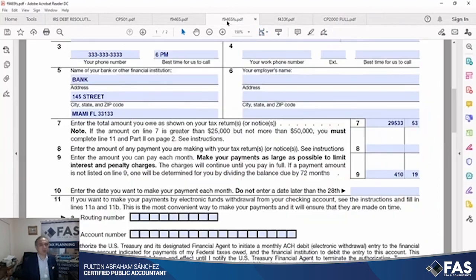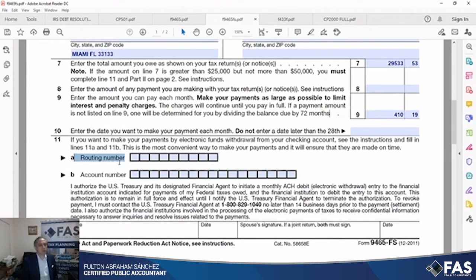This is only if you are not able to pay the amount of the debt when it's over $25,000 divided into 72. And remember, the longer you pay, the larger the interest that will be applicable to your debt. So you can pay 410.